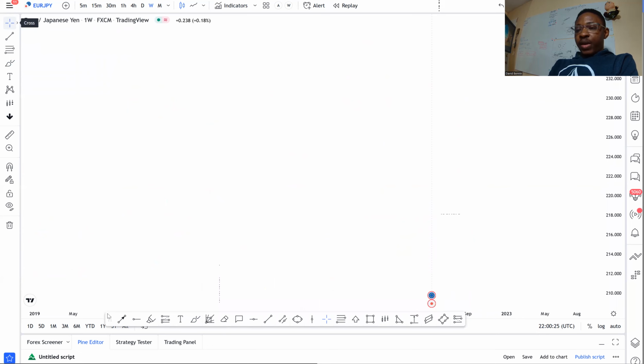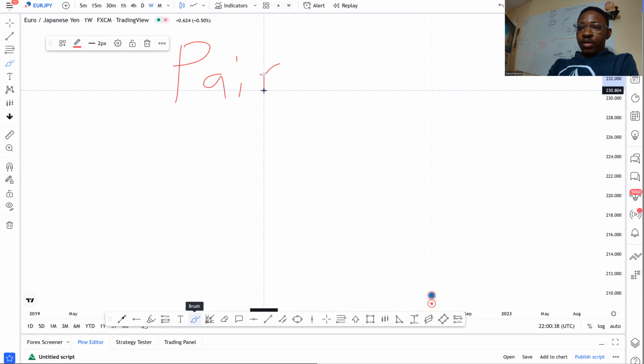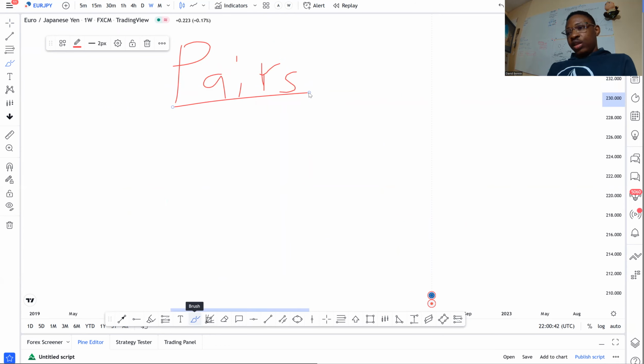When we are trading, as I said earlier, we are trading currencies, and the currencies are traded in pairs. Just like the example I gave, you cannot trade just the US dollar; you are trading the dollar for the euro.